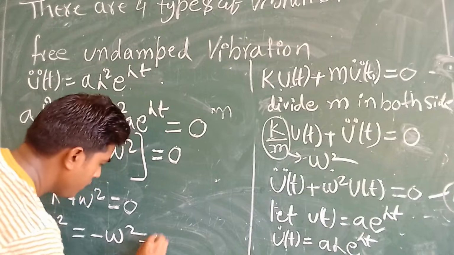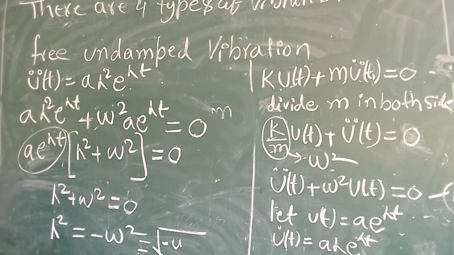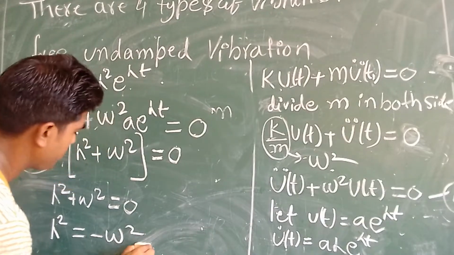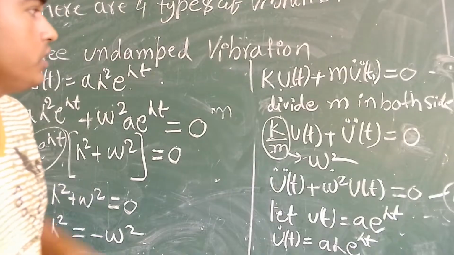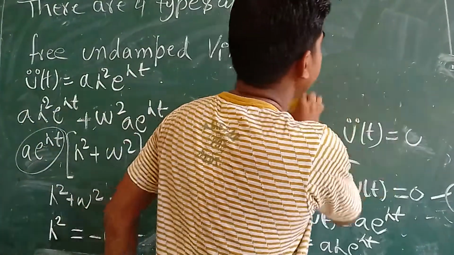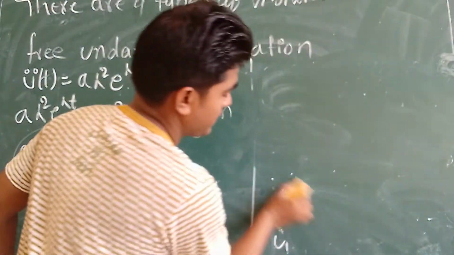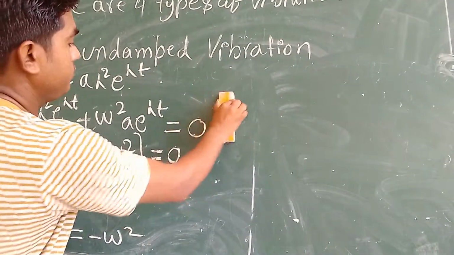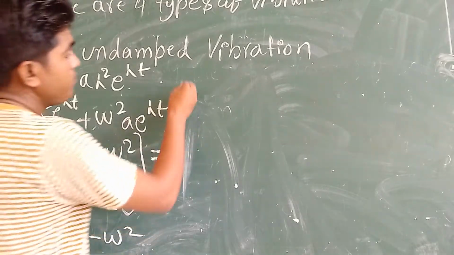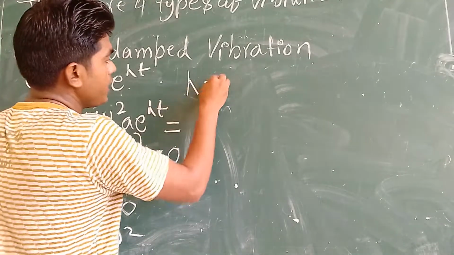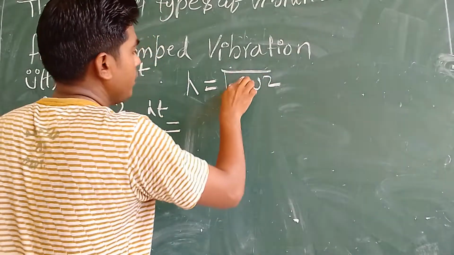Take the root under minus omega square. You can pause the video and write it. So lambda is equal to root under minus omega square.